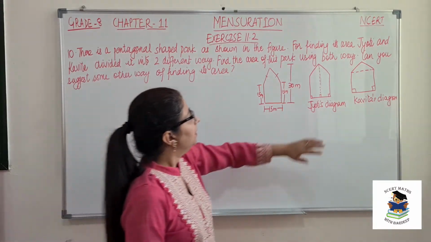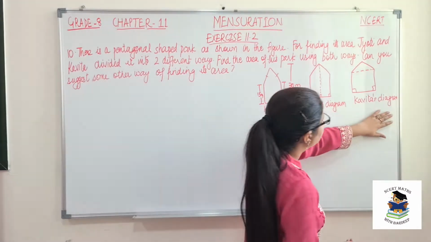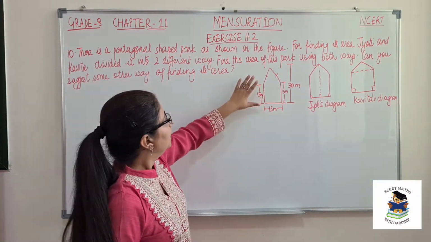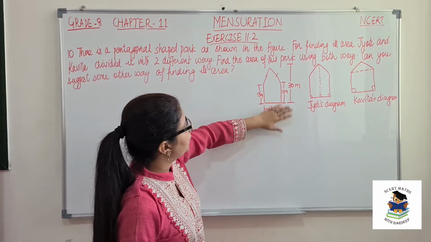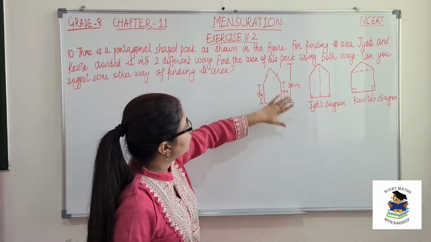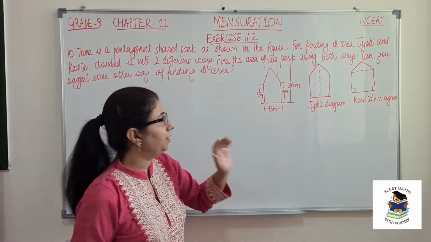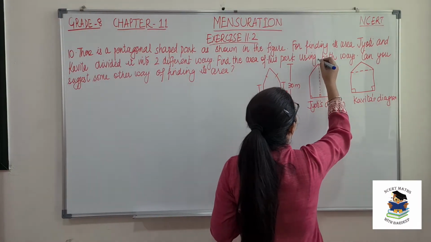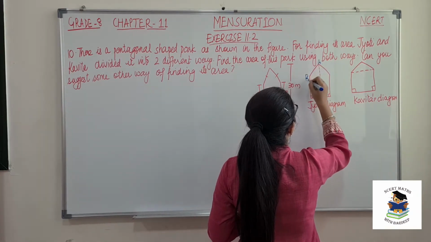So let's see. This is Jyoti's diagram and this is Kavita's diagram. So in this pentagonal shape, this is 15, this is 15, this is 15 and this full distance is 30 meters. So Jyoti has divided this into two trapeziums.